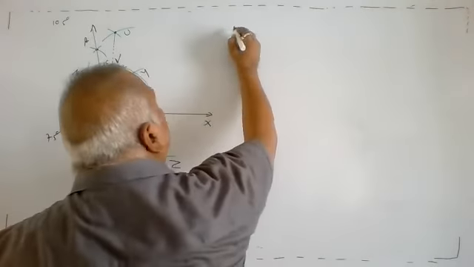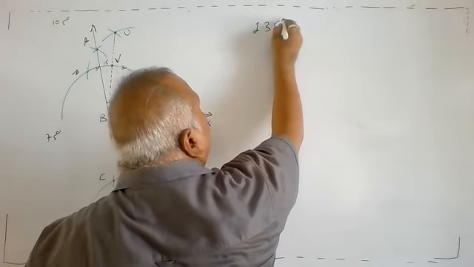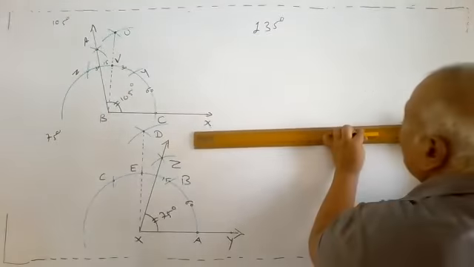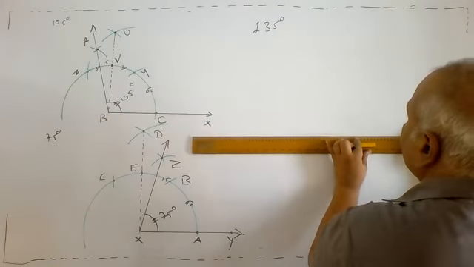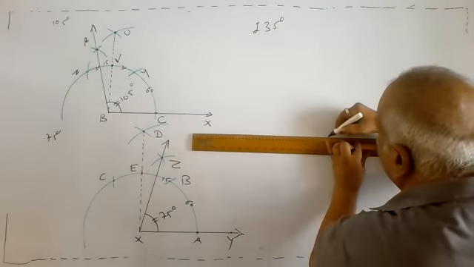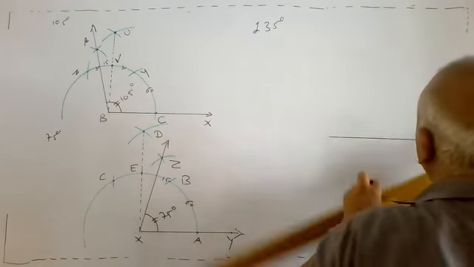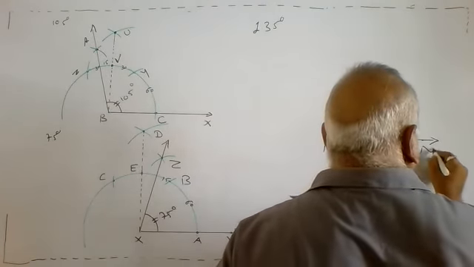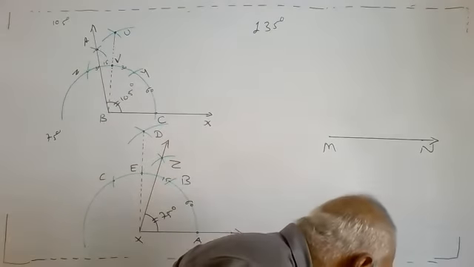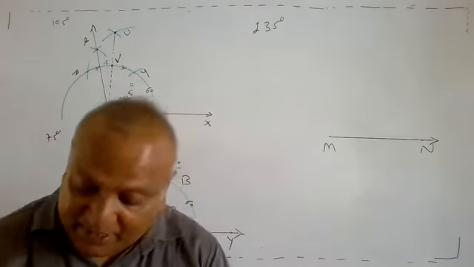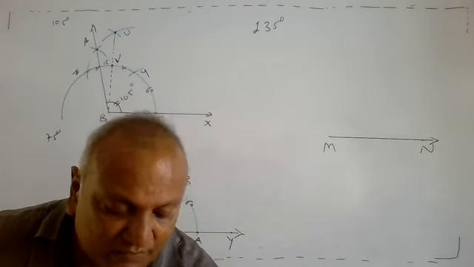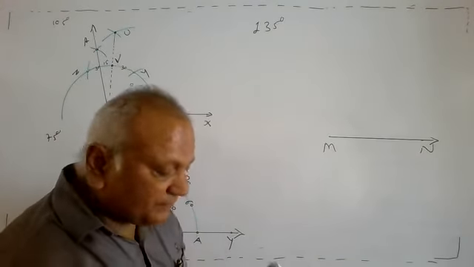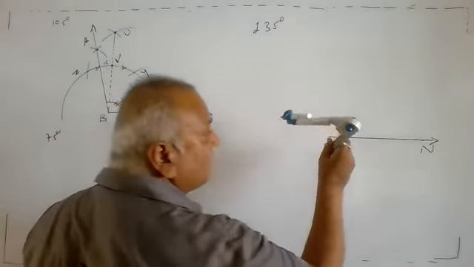And one more, it is 135 degree. For that, we have to draw a baseline first. We can say it is M and N. From M, we have to draw a semicircle arc by taking random measurement.